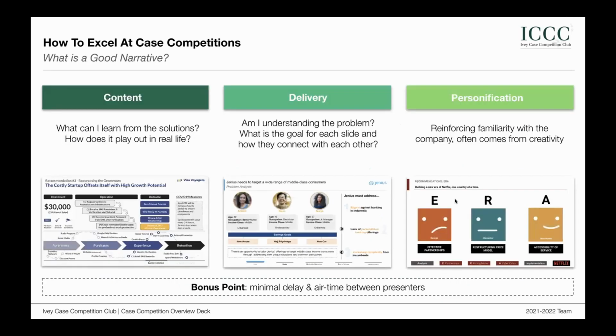And onto what makes up a good narrative, I can give a little breakdown of the content, the delivery, and how you personify it. So in terms of content, the case facts are the base of your solution.